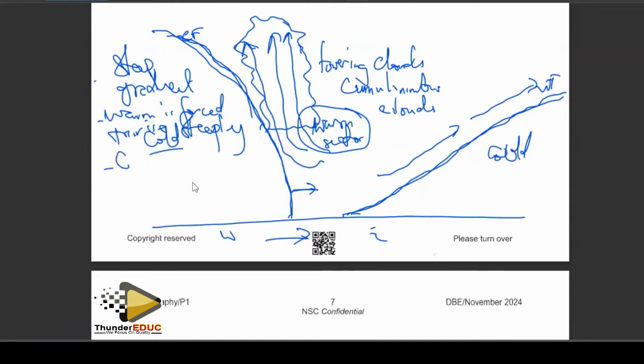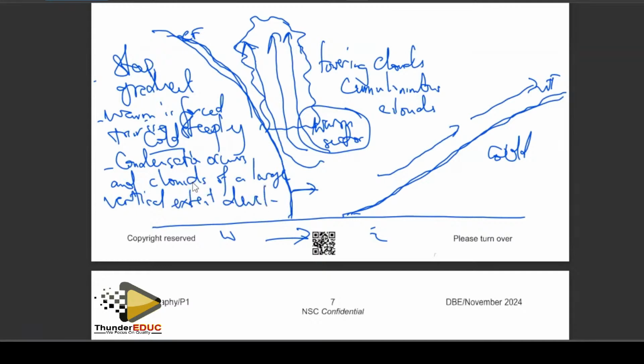Condensation occurs, and clouds of a large vertical extent develop, which is the cumulonimbus cloud.